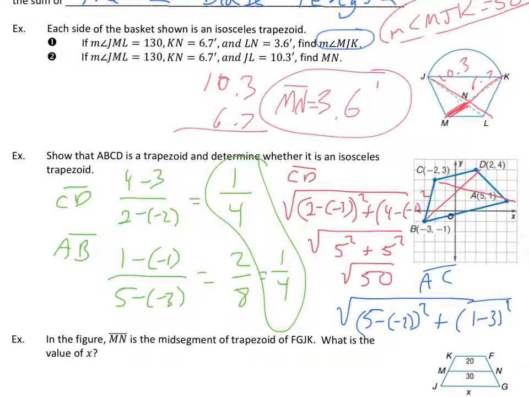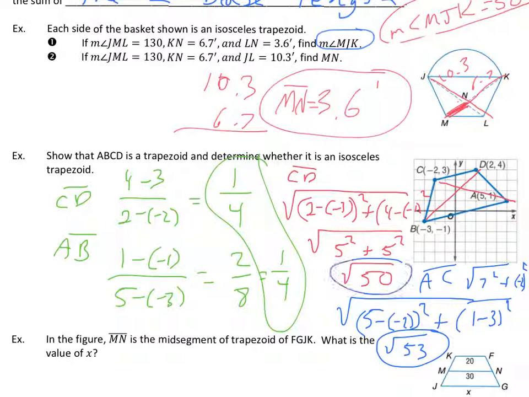And what I get from that is 7 squared plus negative 2 squared. 49 plus 4 is 53, so we get radical 53 when we do the work.